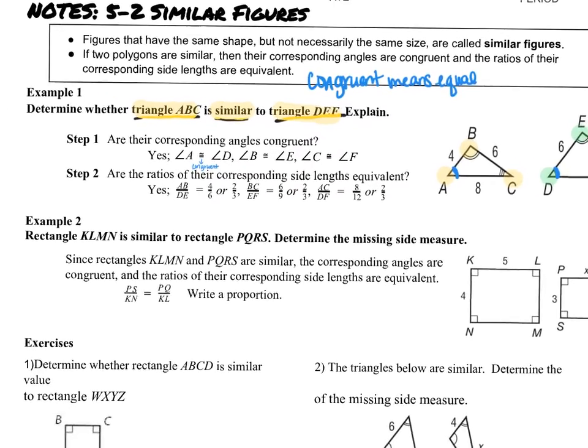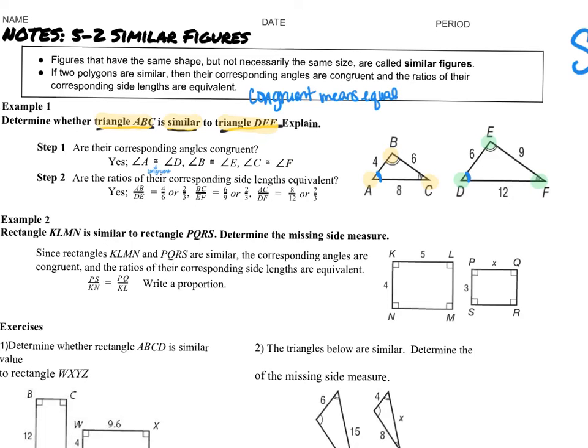So they're saying A and D are congruent. They're also saying B and E are congruent. They're marking it by the two lines. Do you see the two lines that they're marking it with? Yes? Okay. So that means that those two angles are equal if they have the same two lines.